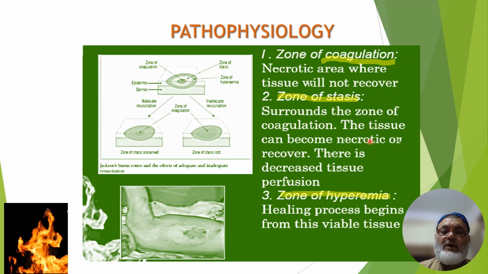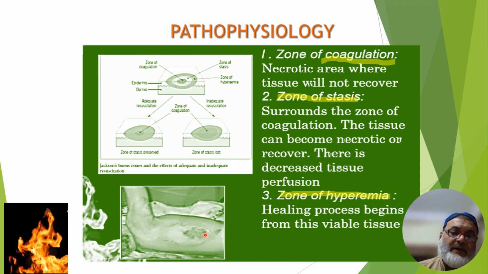In the zone of stasis, which surrounds the zone of coagulation, the tissues can become necrotic or recover. There is decreased tissue perfusion. In the zone of hyperemia, the healing process begins from these viable tissues.